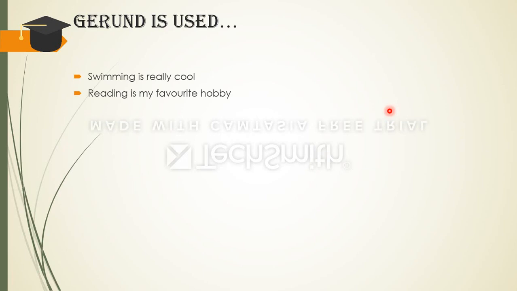If you look at the place of the gerund in these two sentences, they are the subject of a sentence. So the gerund can come as a subject of a sentence. For example, when I want to start a conversation with someone, I say, oh, reading is really fun, really good. How often do you read books?